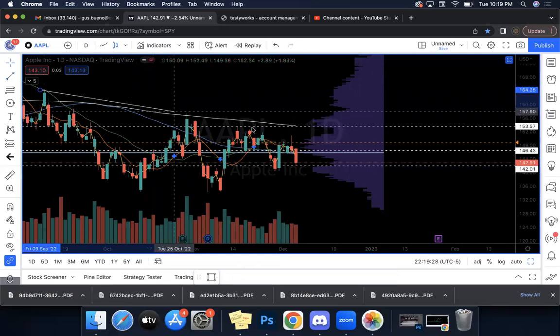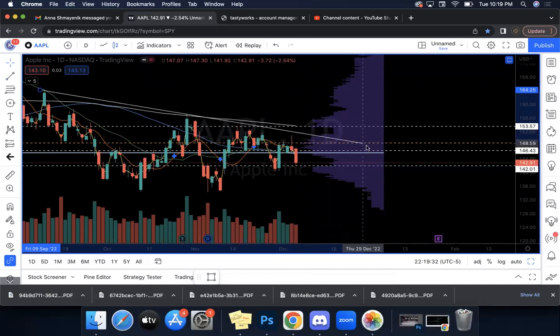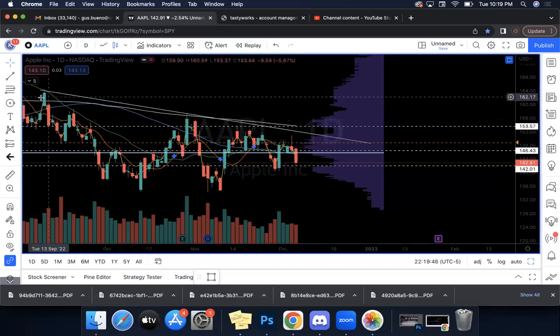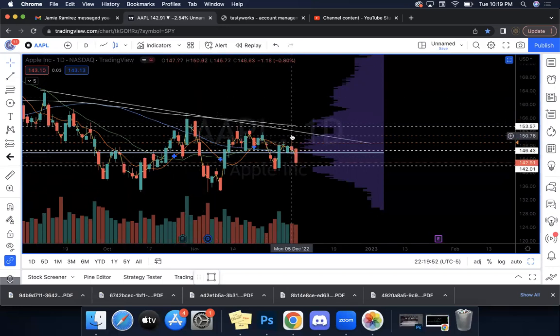But you could definitely do Apple like this easily. And once Apple gets above this trend line, basically 152, 153 on Apple sends it to 155 again. So you got one touch, two touch, three kind of here, four on this wick.